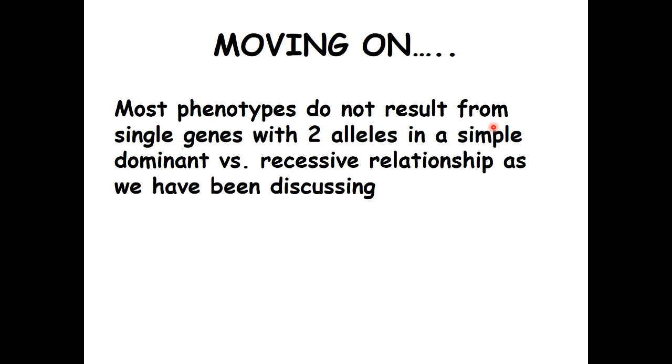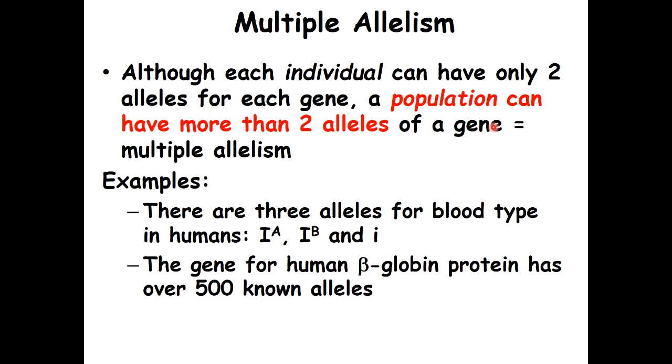And the other thing that Mendel didn't notice was that a lot of physical characteristics that we're looking at these days are not controlled by a single gene. Here are some examples. We already talked about multiple allelism. That means in the population, just like blood type, you have 3 different alleles, A, B, and O. But for each individual, you only get 2.